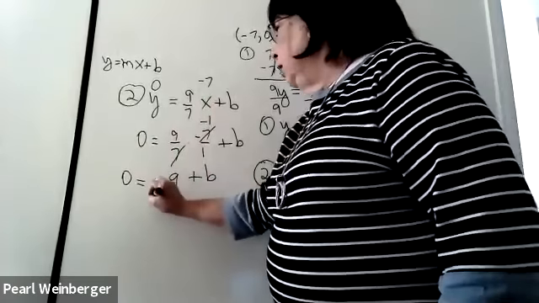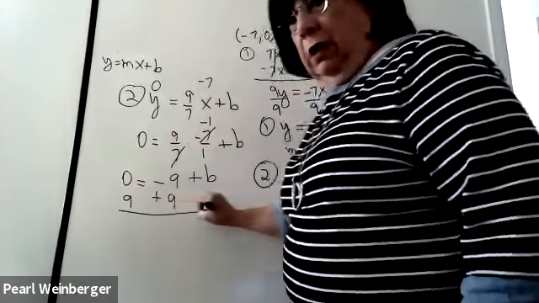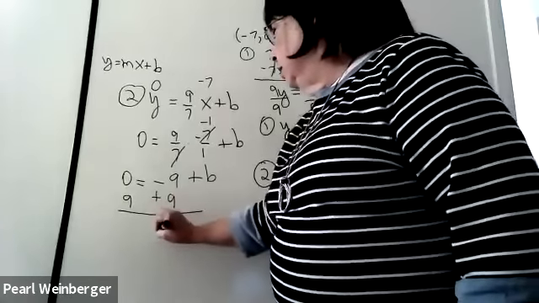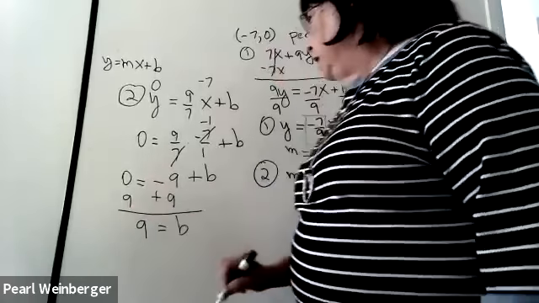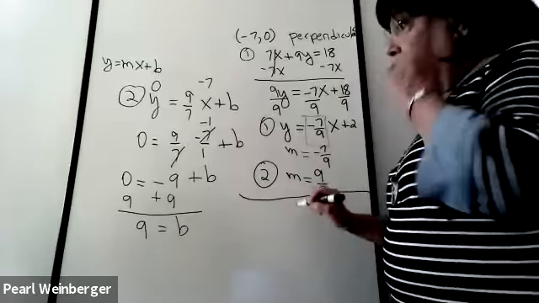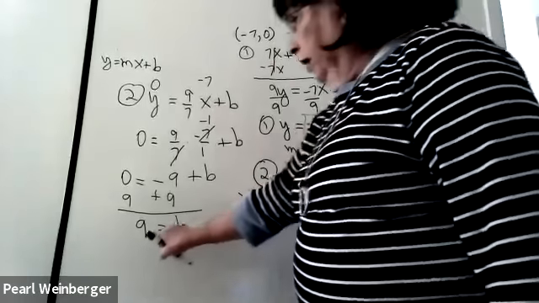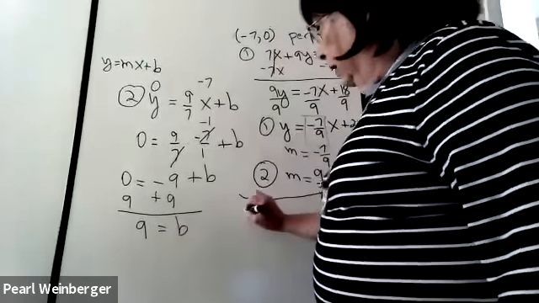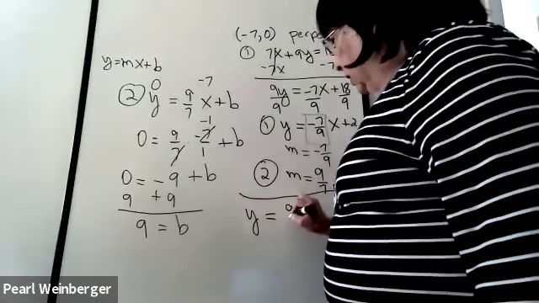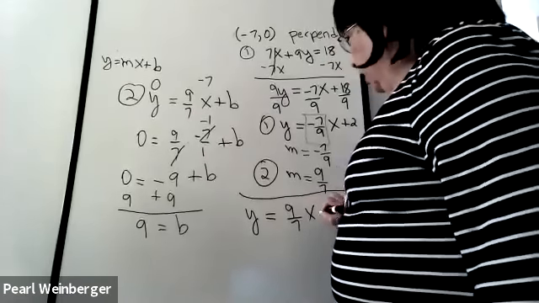And to get the b alone, I'll add 9 to both sides. And therefore, I'll get b equals 9. So the equation of the line that I'm looking for has slope 9/7 and y-intercept 9. So the answer to this question is y equals 9/7 x plus 9.